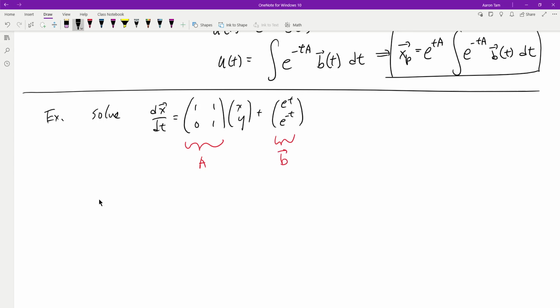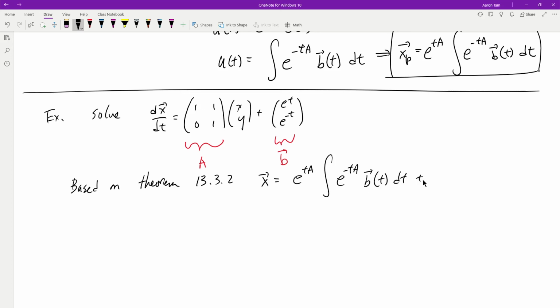Based on our theorem 13.3.2, vector x must equal e to the tA times the integral of e to the negative tA vector b of t dt, plus e to the tA multiplied by some constant vector c.